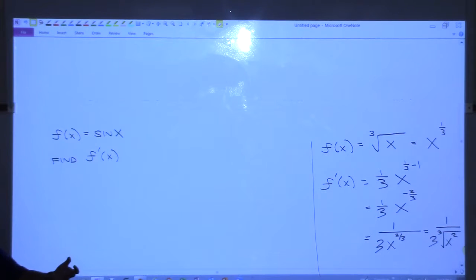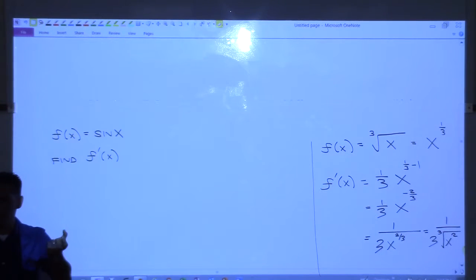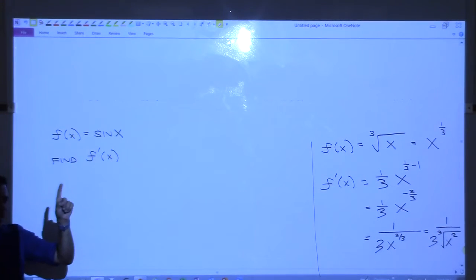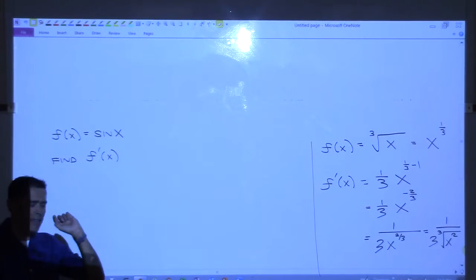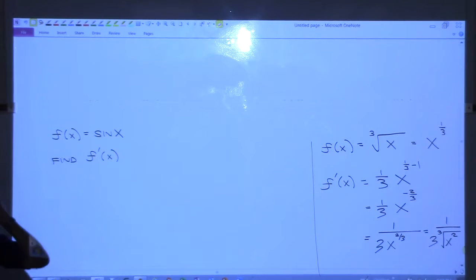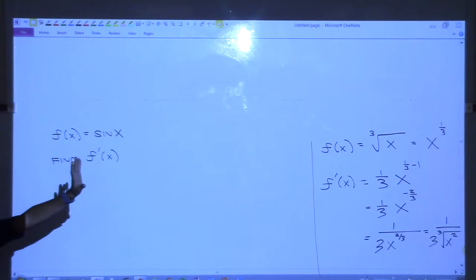I really do hope you can appreciate how profound the formula we just got is. The x to the n, we have a formula for that now. We will carry that with us for the rest of our mathematical lives. The power rule is always here for us. Now we'd like to know, is there a way we can figure out what the derivative of sine of x is? We don't have a rule yet, right?